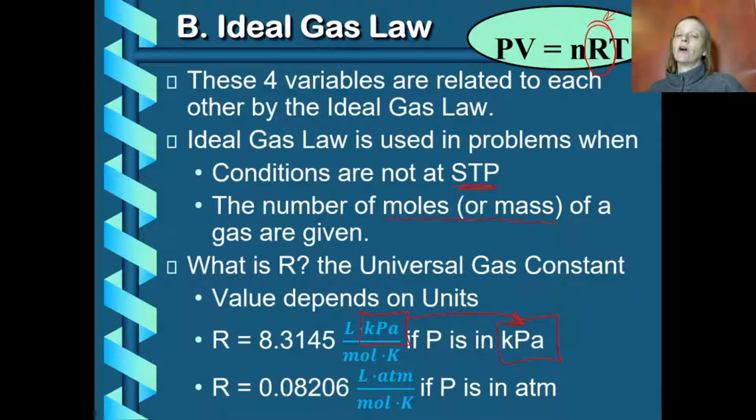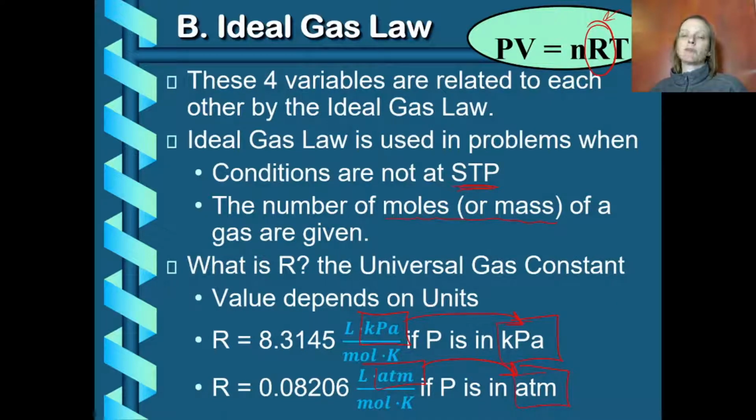On the other hand, the R value is 0.08206 if pressure is in atmospheres. And notice that the units for this R value, liters times atmosphere divided by moles and Kelvin, have atmospheres appearing in the units as well. So you need to use different values of R depending on whether you're doing a calculation in kilopascals or atmospheres.